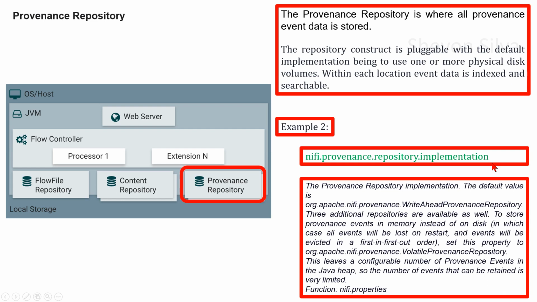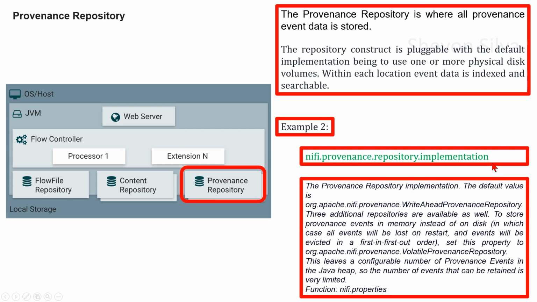Set this property to org.apache.nifi.provenance.VolatileProvenanceRepository. This leaves a configurable number of provenance events in the Java heap, so the number of events that can be retained is very limited.